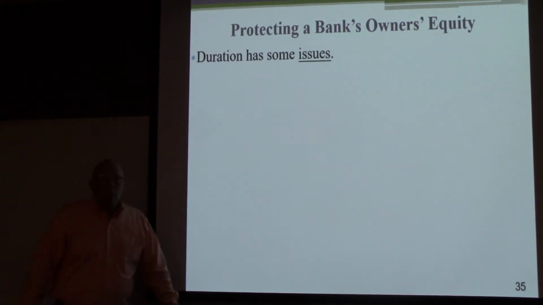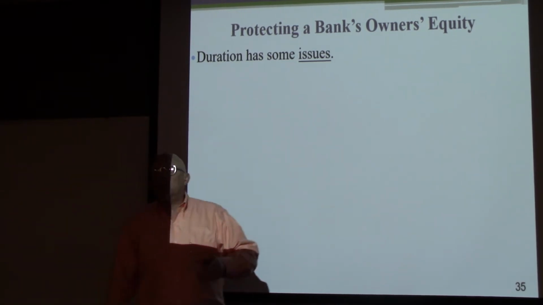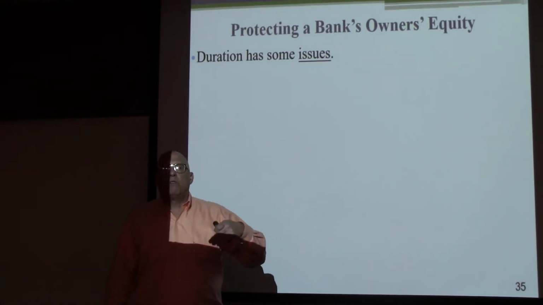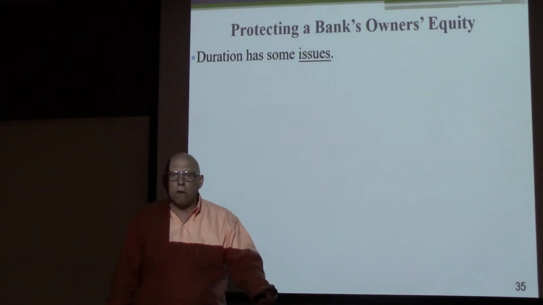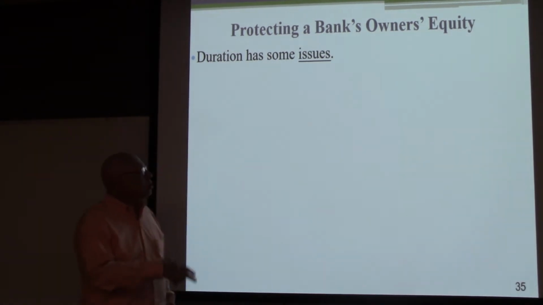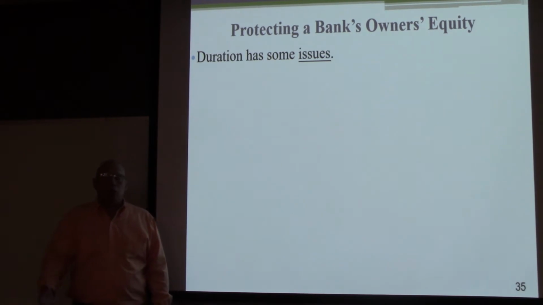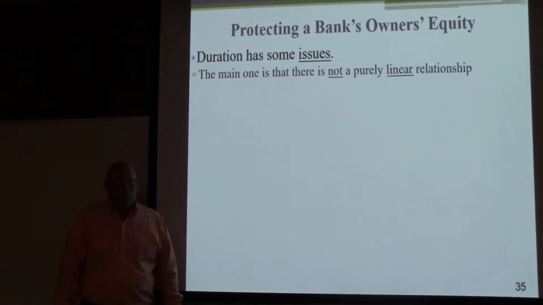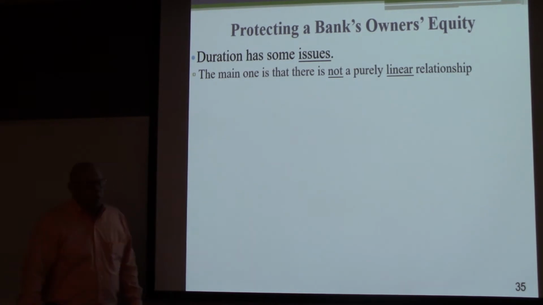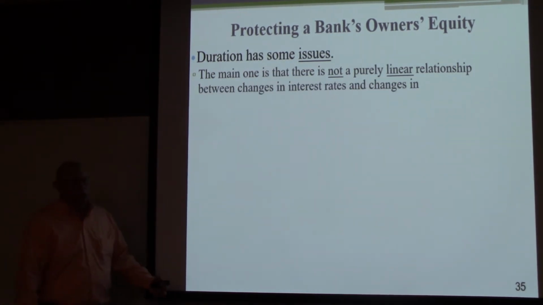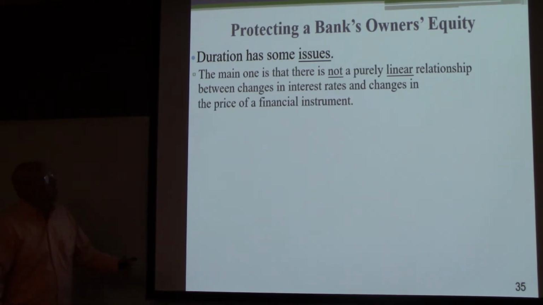All right. There are some issues with duration. Just like gap management, duration is very useful. It's very interesting, but it's not perfect. The main issue with duration is that there is not a purely linear relationship between changes in rates and changes in the price of a financial instrument.